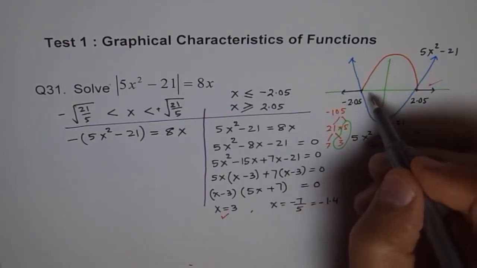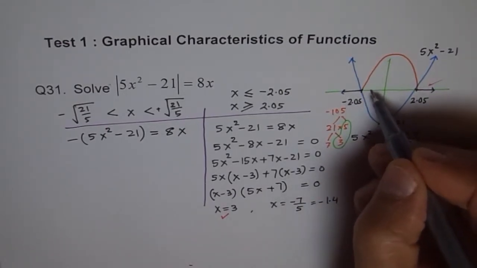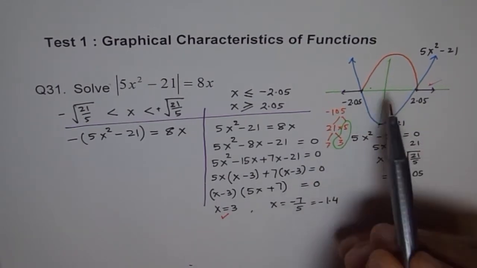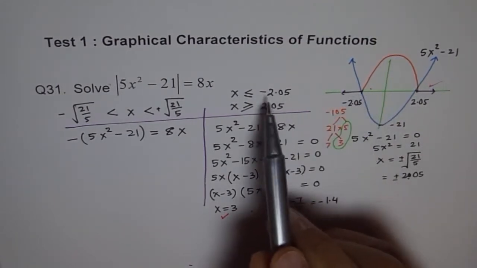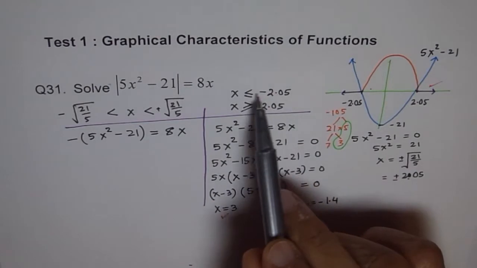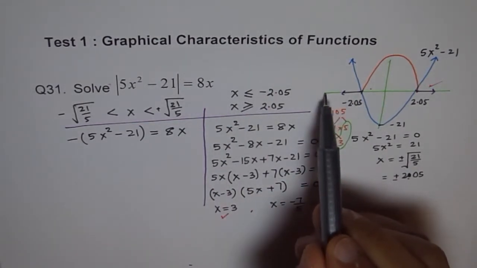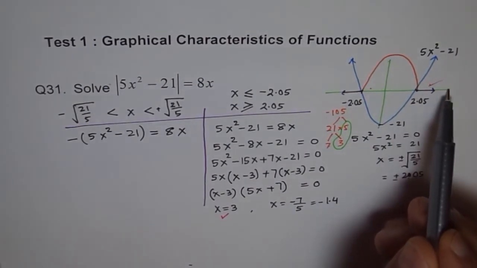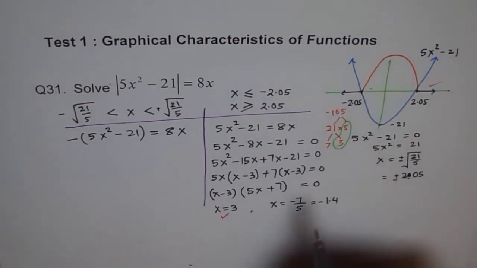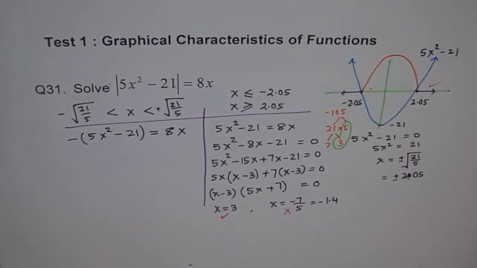So minus 1.4 will be a point on the right side of this, somewhere here, right? But this point is not in our domain of that part. We are doing this piece. We are looking for a solution in this region or in this region. Since it is not here, we'll say it is not a valid answer. It's not valid.